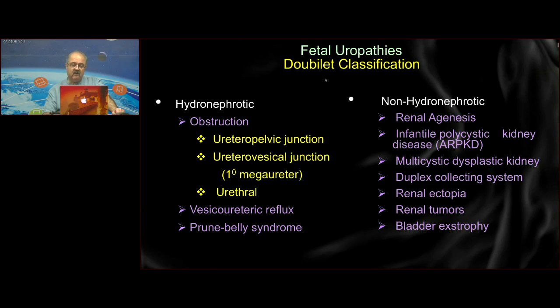He divided all conditions in the fetus as hydronephrotic and non-hydronephrotic as the two basic categories. The hydronephrotic are three types: obstructive, vesico-ureteric reflux, and the Prune-Berry syndrome. And the obstructions may be at the uretero-pelvic junction, the uretero-vesical junction, which is the primary megaureter, and urethral obstructions.